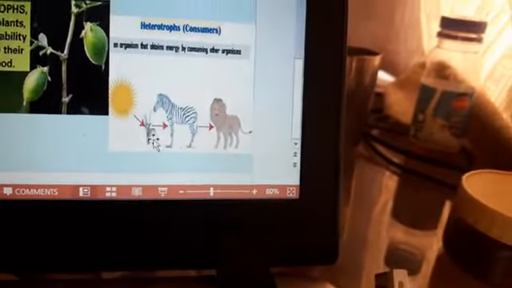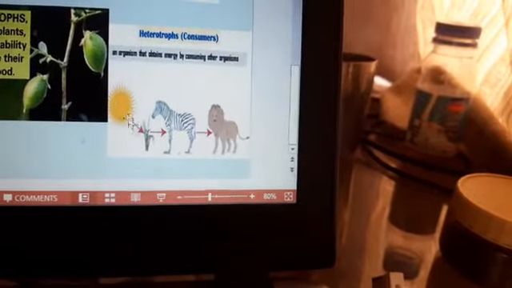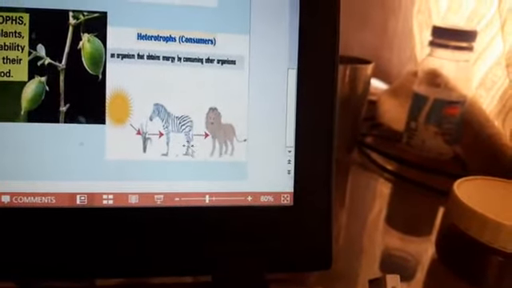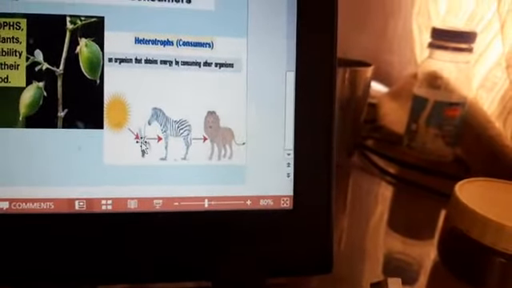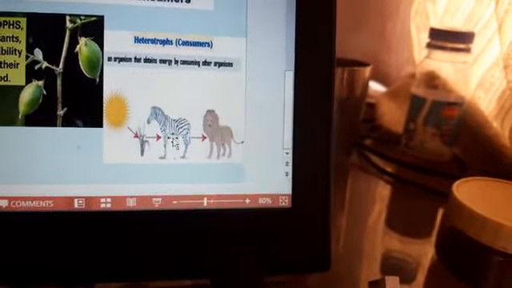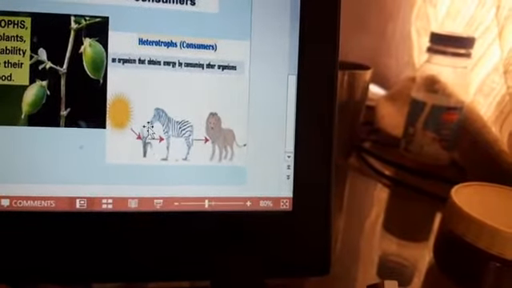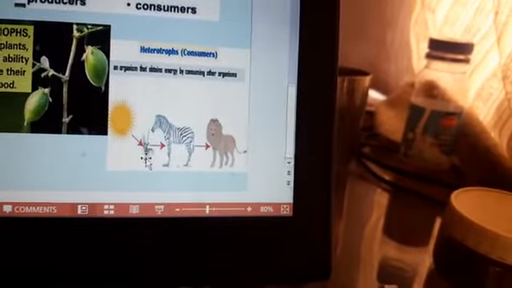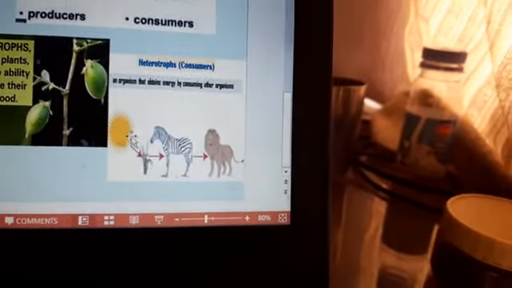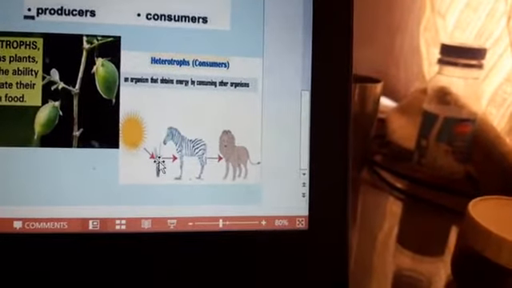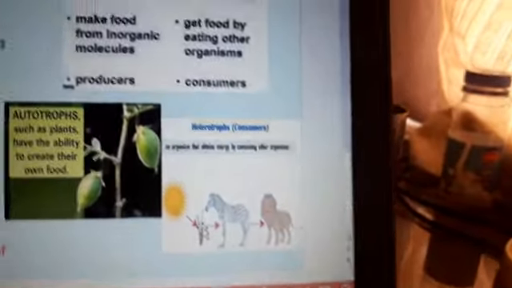These plants are called autotrophs because they make their food themselves, and these are called heterotrophs because they depend upon plants. So these are consumers, and plants are autotrophs because they make their own food in the presence of sunlight, carbon dioxide, water and minerals, which are necessary for photosynthesis.